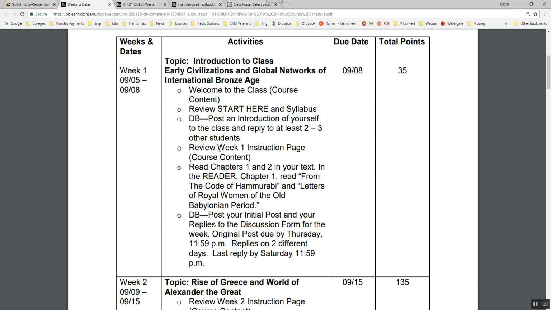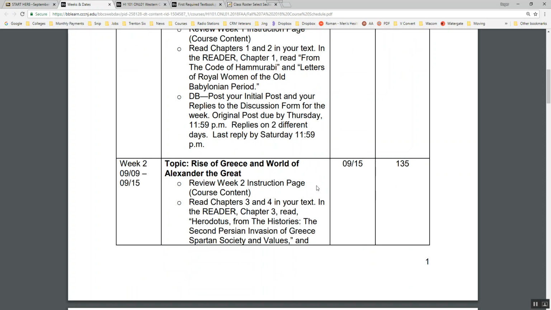It says review week 1, read chapters 1 and 2, and also read in the reader, which is your primary document book. So there's quite a bit to do this first week, and then of course every week after that.